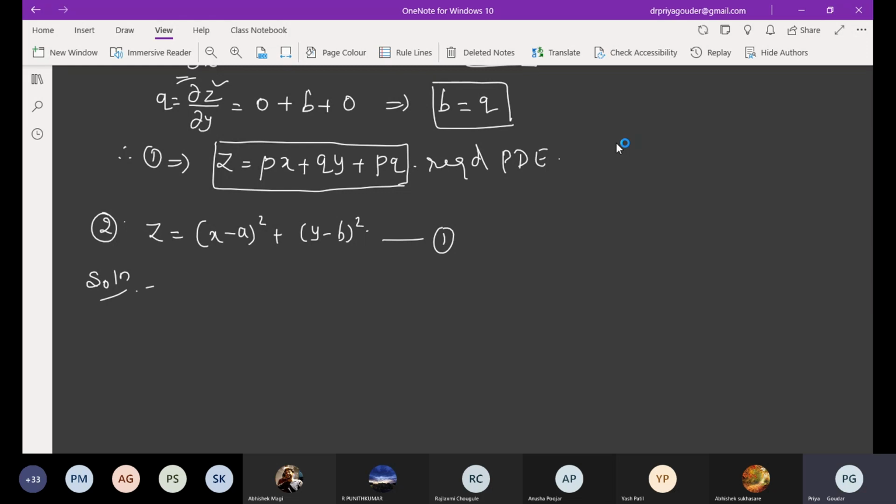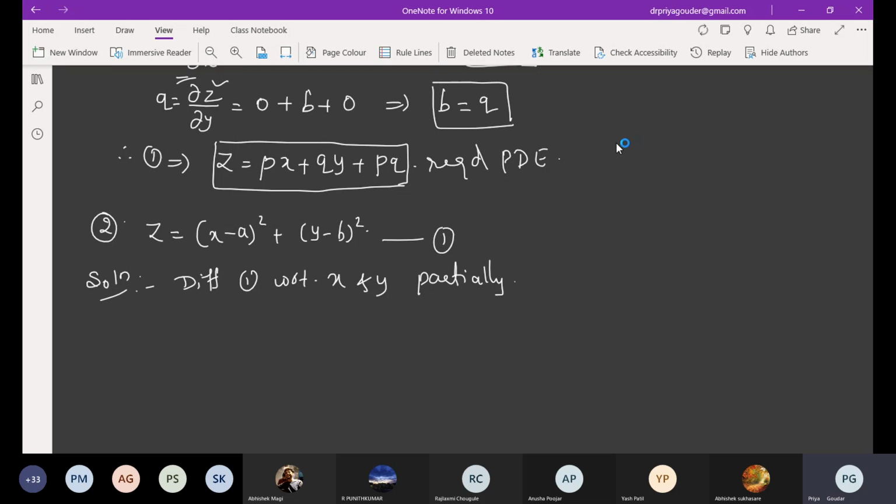Tell me what is the first step to be applied after taking it as 1. Differentiate partially. Very good. Differentiate with respect to x and y partially.